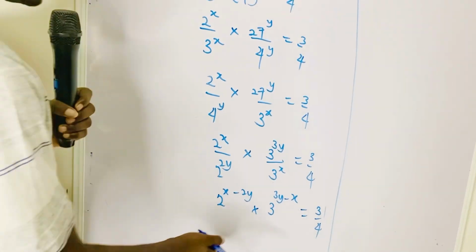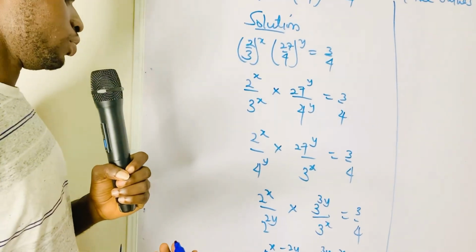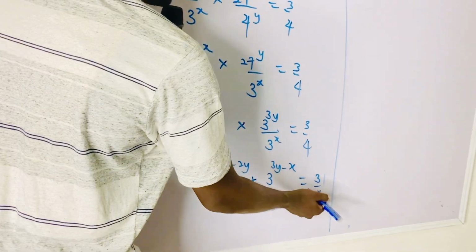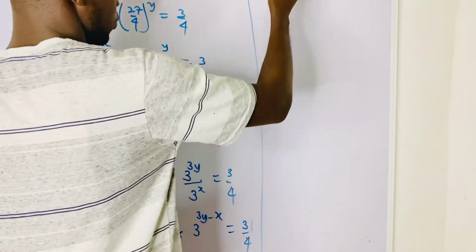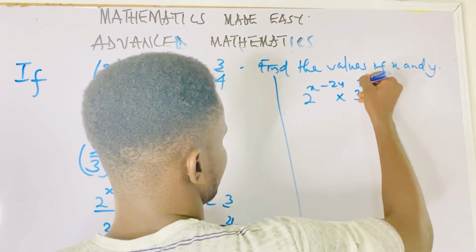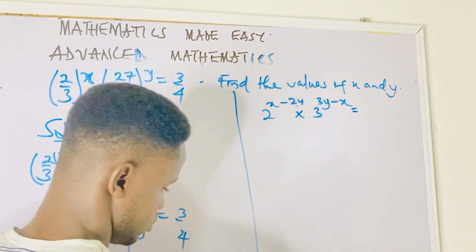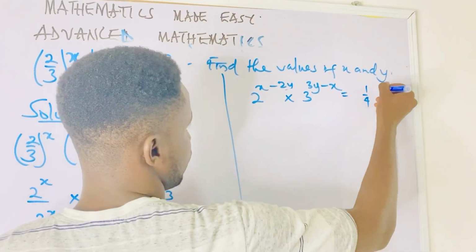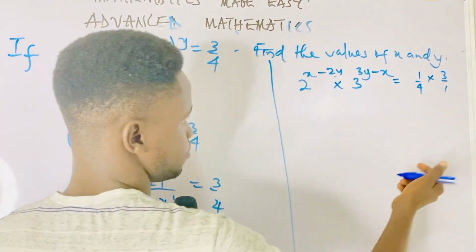Now, this particular equation will result in simultaneous equations. And here, there's a way we can separate this one too, by saying we have 2 raised to power x minus 2y times 3 raised to power 3y minus x. Then you can separate the right side as 1 over 4 times 3 over 1, which is the same thing as 3 over 4.